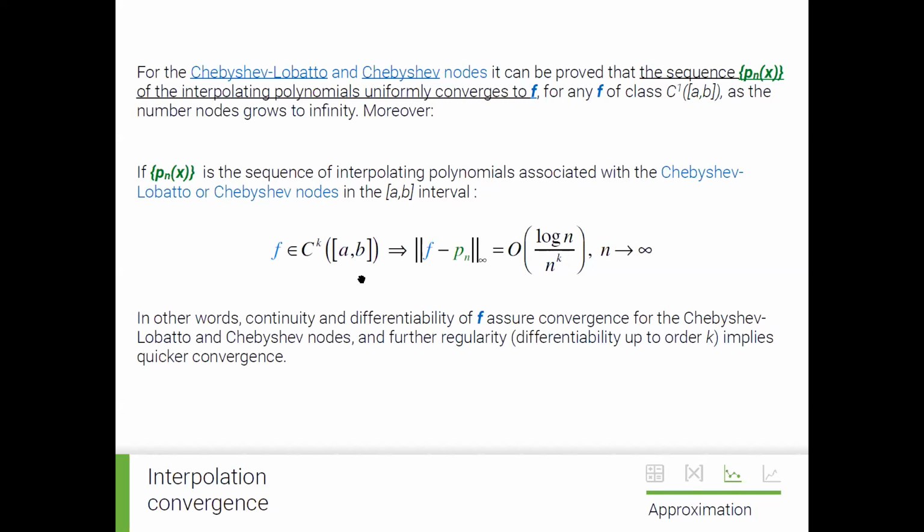For a function from this class, the uniform norm of f minus Pn equals small o of logarithm n over n to the power k. So they will converge with this order.